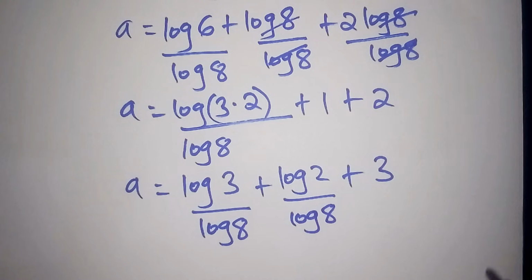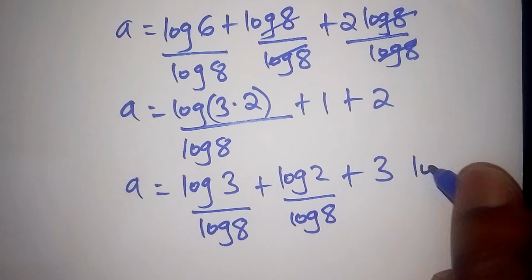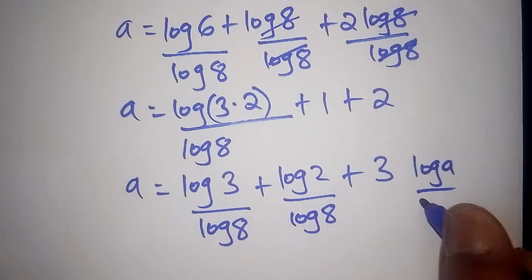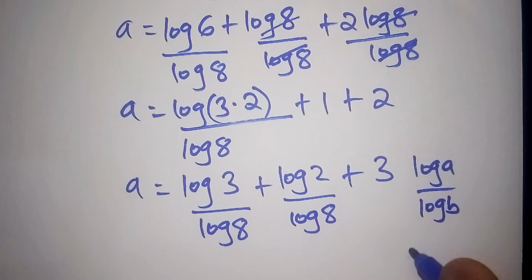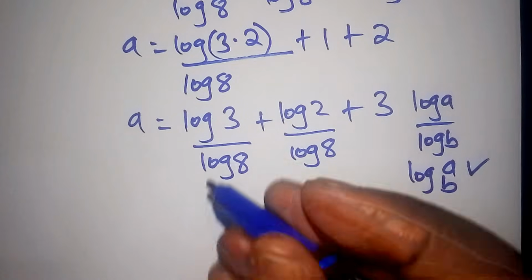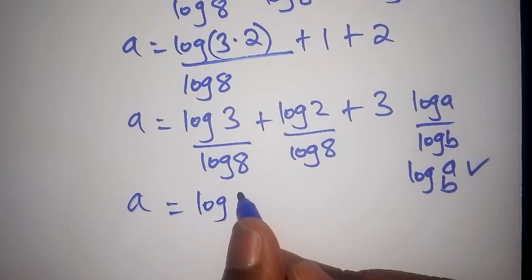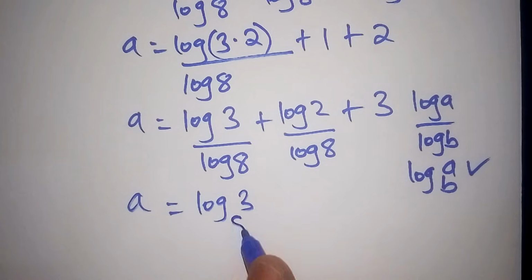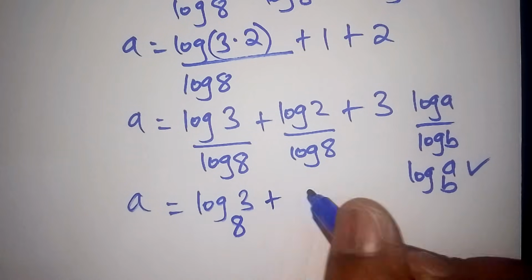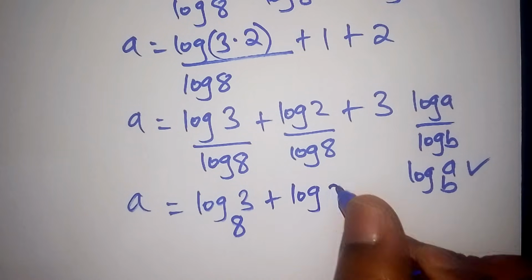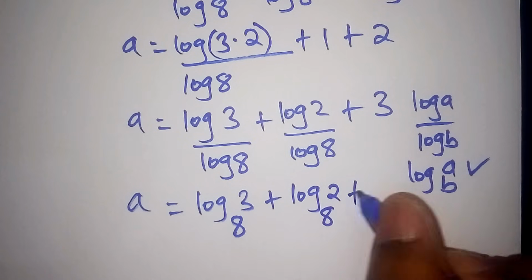Assuming that we have the log of a all over the log of b, this can be written as the log of a to the base of b. So here we conclude our answer: the value for a equals the log of 3 to the base of 8, plus the log of 2 to the base of 8, plus 3.